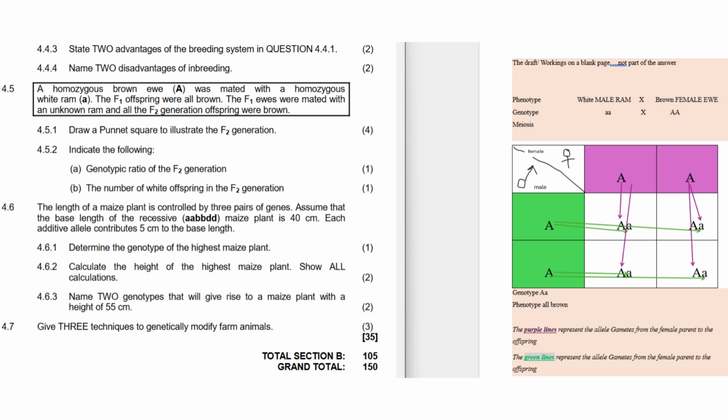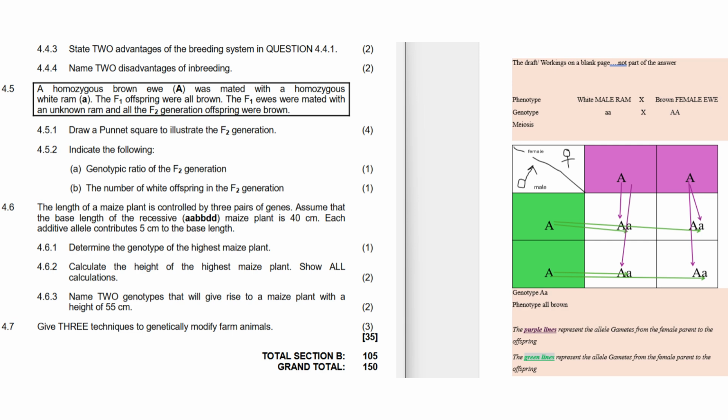Homozygous just means we have two identical alleles. Homozygous dominant means both are capital A, and homozygous recessive means both are small a.